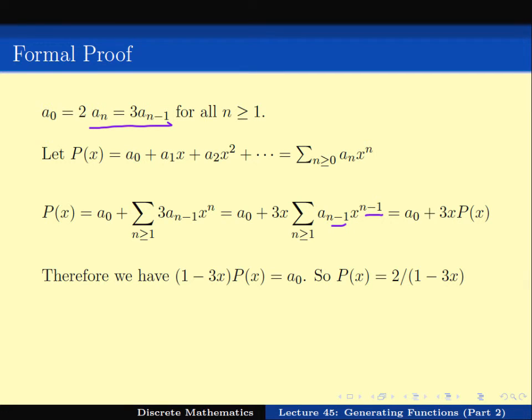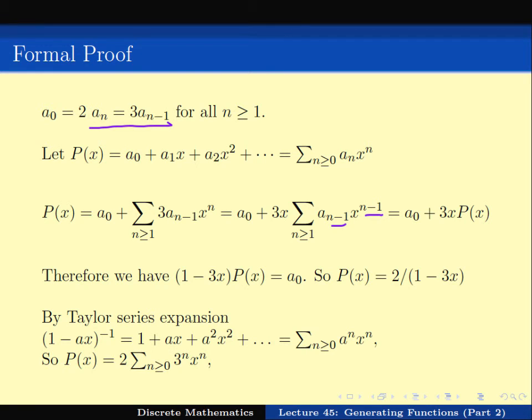That means p(x) equals 2 by 1 minus 3x. And by Taylor series expansion, we can see that p(x) equals the sum of 2 times 3 to the power n x to the power n, which means an equals 2 times 3 to the power n. So this is the formal proof for solving this recurrence relation an equals 3 an minus 1.